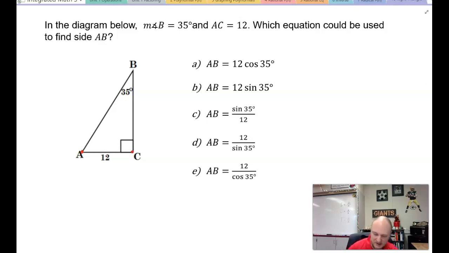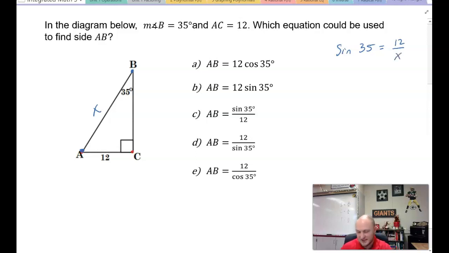Okay, hopefully you paused this. AB, here's A, here's B, that's this side. So you're finding the hypotenuse, okay? Well, if you're given opposite and you want to find hypotenuse, that's the sine function. So sine of 35 degrees is equal to 12 over x.